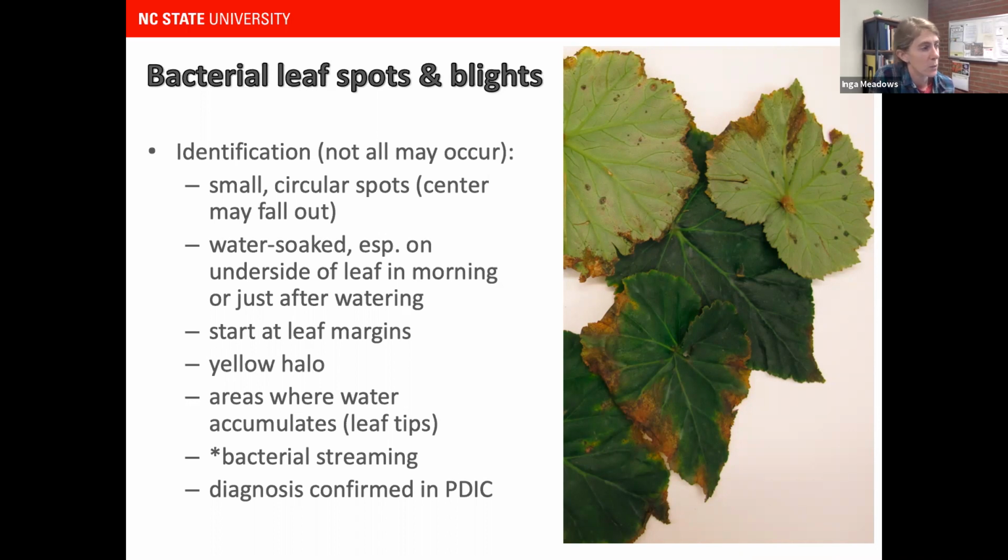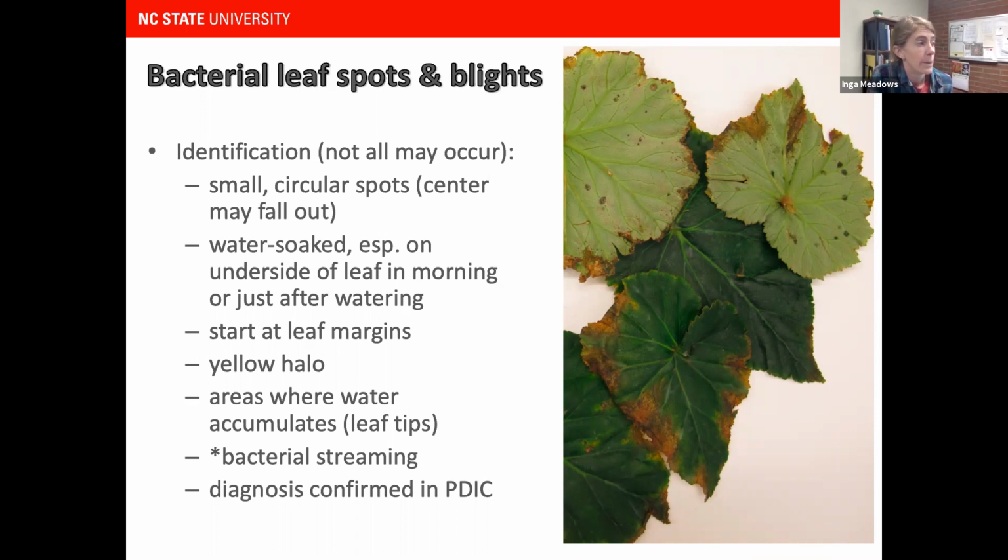So you may only see one or a couple of them. So generally the small circular spots might be bacteria. The center of that spot may fall out, so it looks like a shot hole appearance. And these symptoms may be specific to a certain bacterial pathogen on a specific host.